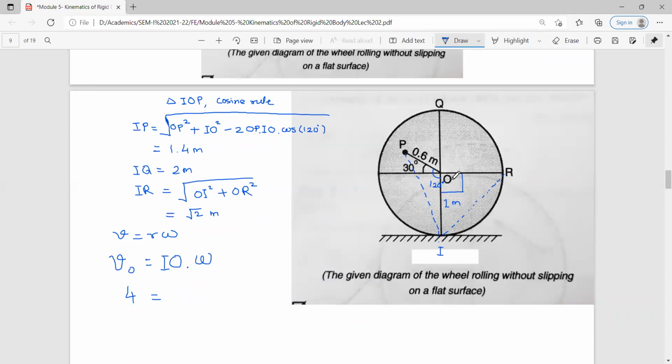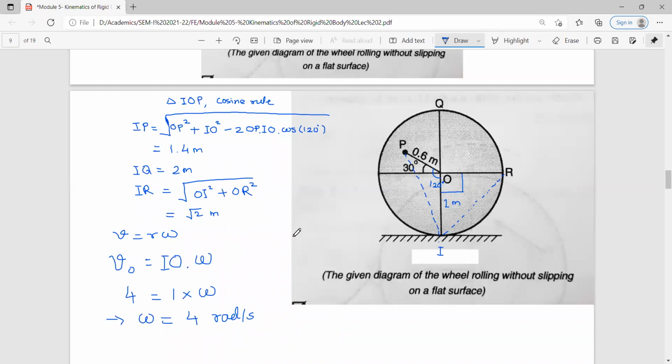IO is the radius. It is 1 multiplied by omega. So that gives me the value of omega. The value of omega is nothing but 4 radian per second. Got it? Understood how I calculated the omega?